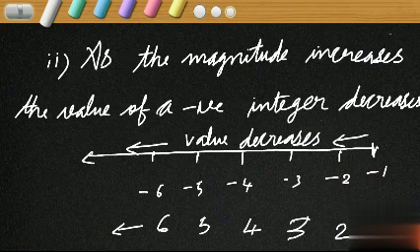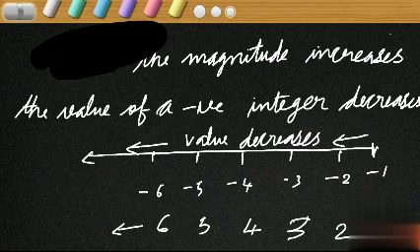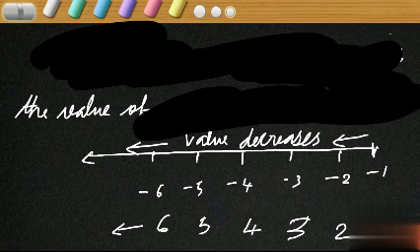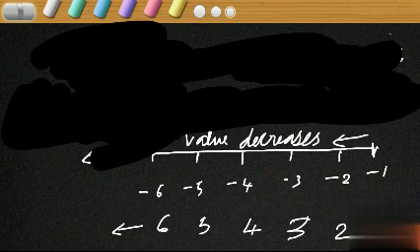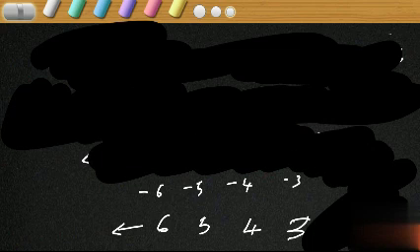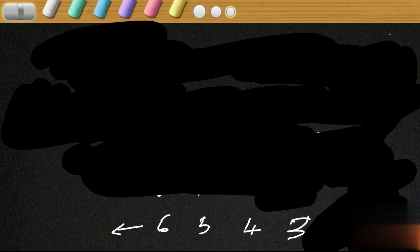Is it clear? So, let's write some examples of this. Very important concept. As the magnitude increases, value of a positive integer increases, and as the magnitude increases, value of a negative integer decreases.